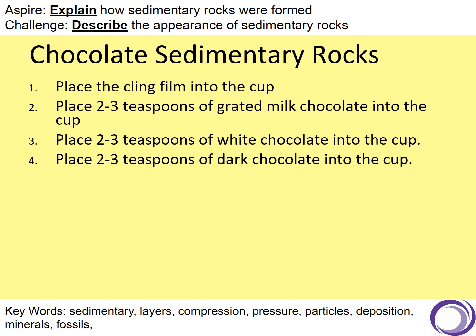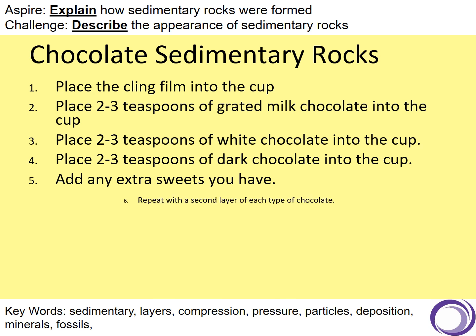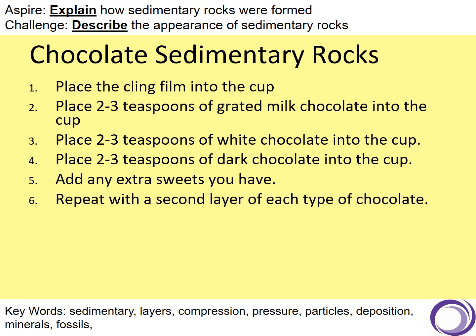And then next, 2 to 3 teaspoons of your third type of chocolate into the cup. If you haven't got a third type, don't worry, just keep going with the 2 types that you have. If you've got any extra bits and pieces crushed up very small, you're welcome to add them at this stage. And then you need to repeat a second layer with each type of chocolate that you have already used, and it doesn't matter what order you put them in.